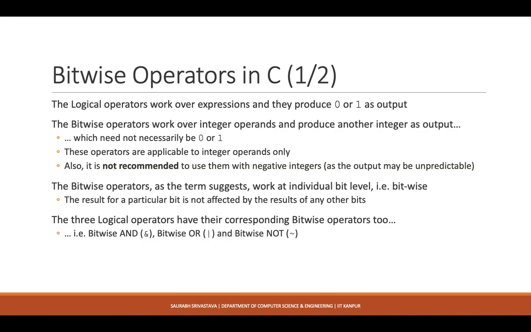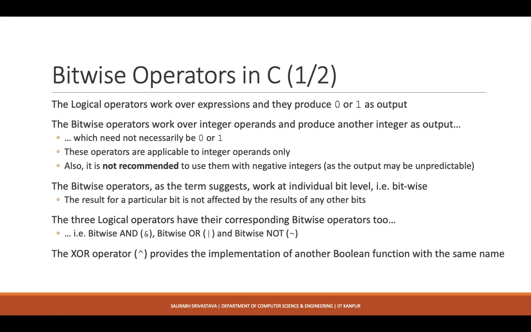We'll see how a bitwise AND is different from a logical AND and so on. But basically the function that they perform is still the same, ANDing and ORing and inversion. It's just that they do it in a different fashion.